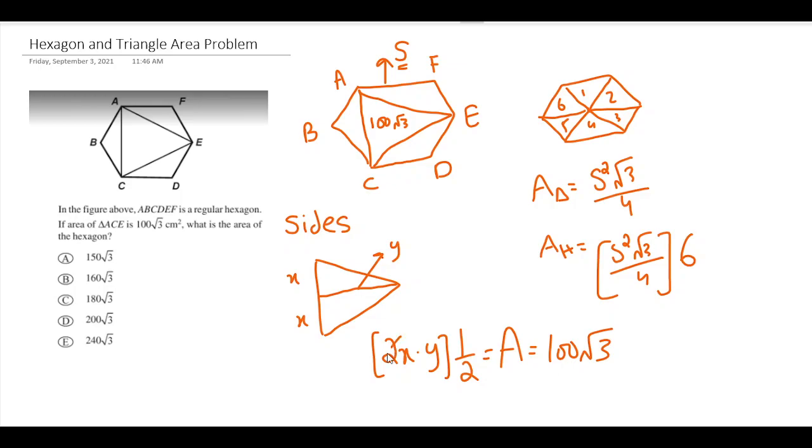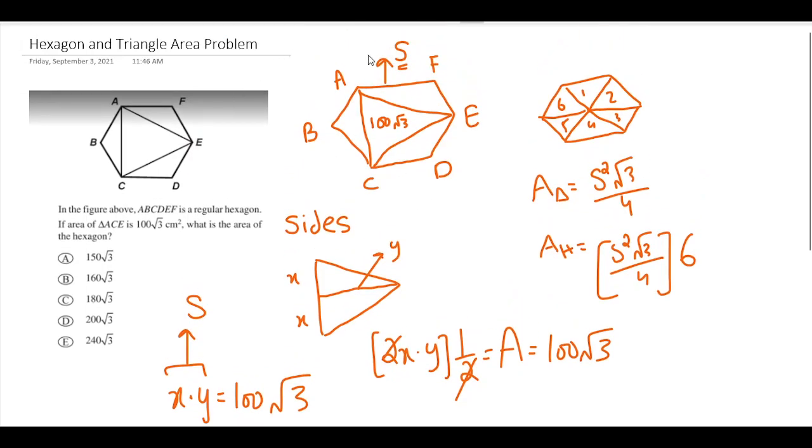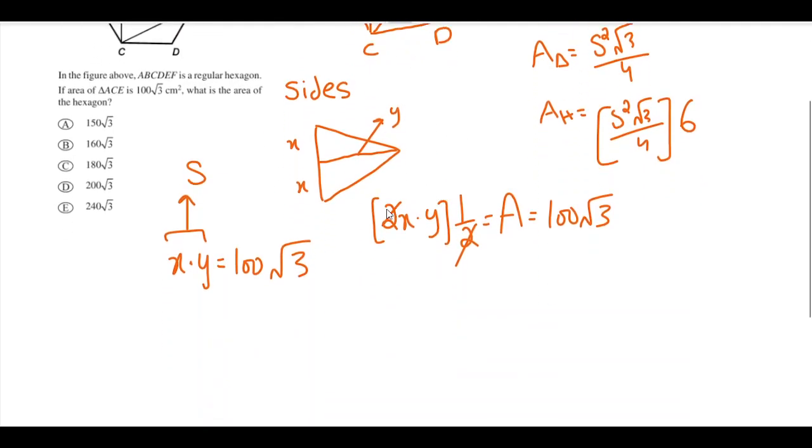The problem over here is that now I have two variables with just one constraint, and there is no way that I can use these two variables to get to my S, which is basically my side, which I'm looking for, right?